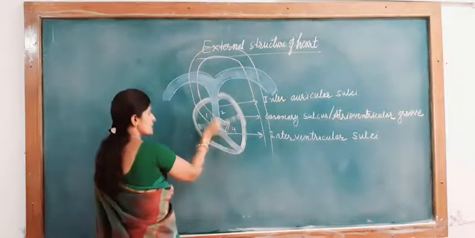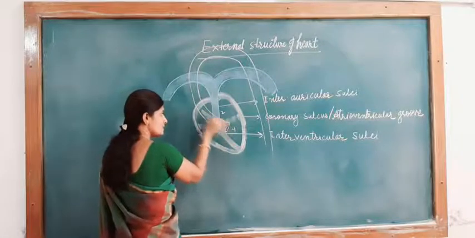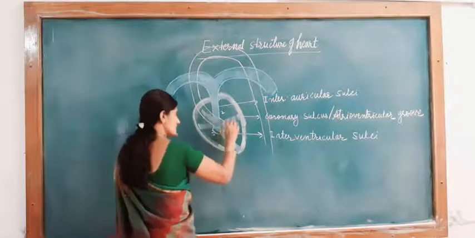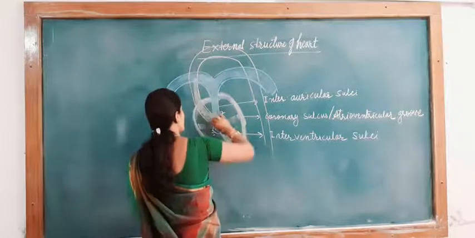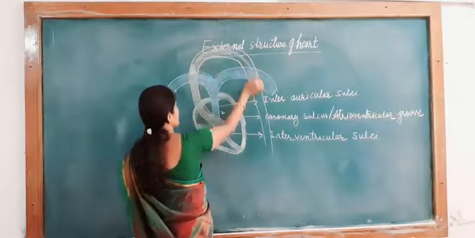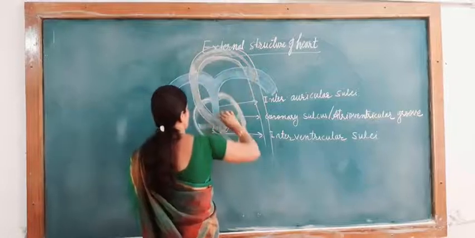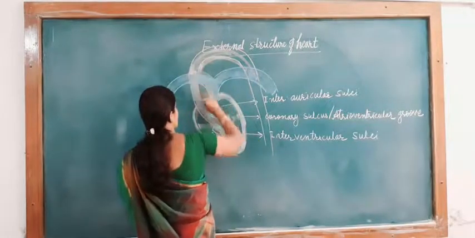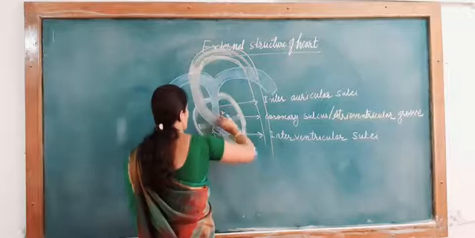This is the systemic aorta, which arises from the fourth chamber and goes towards the upward side.